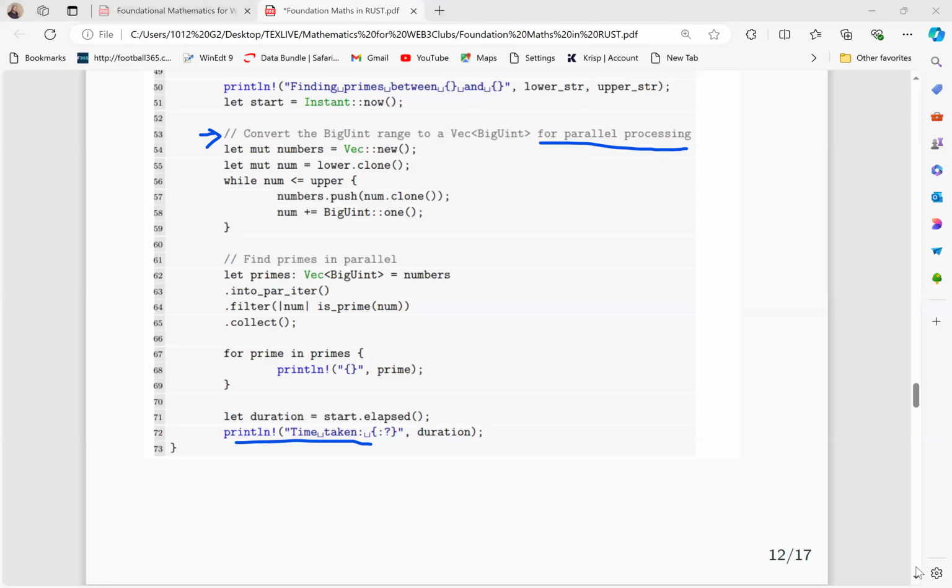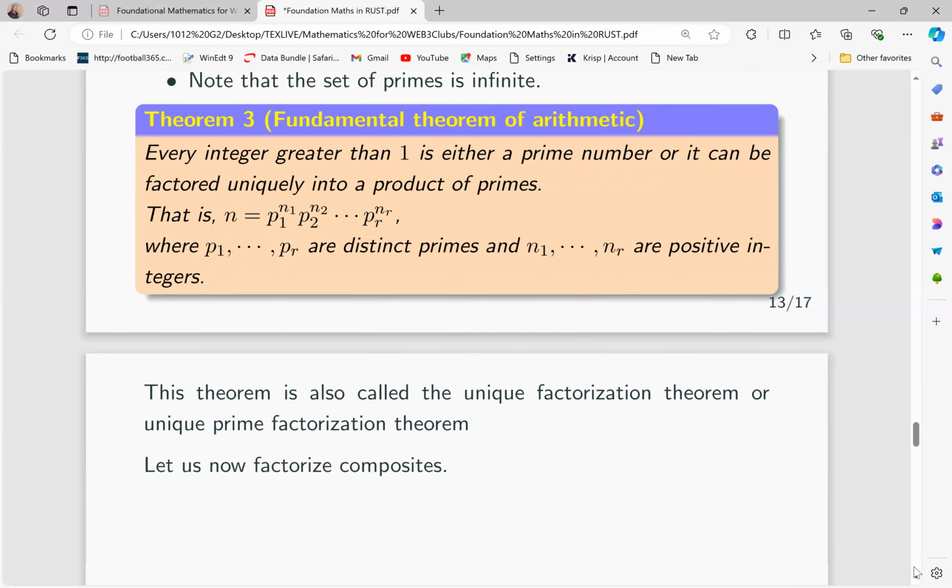Okay, let's look at something else just briefly. Then we bring in another library, and I'll use it in the next example.